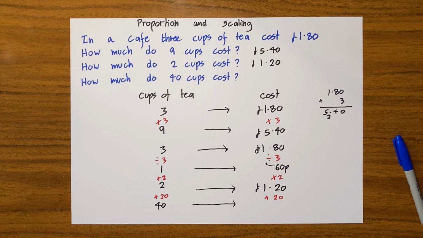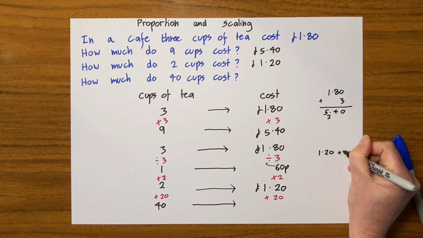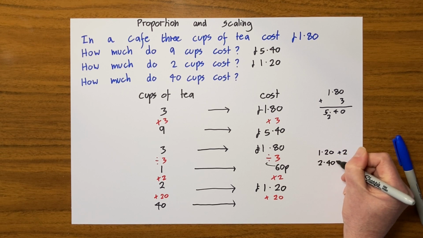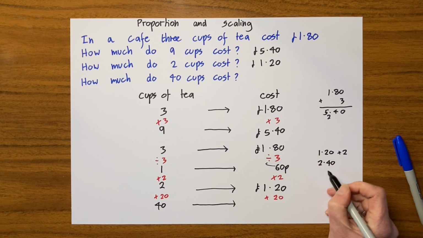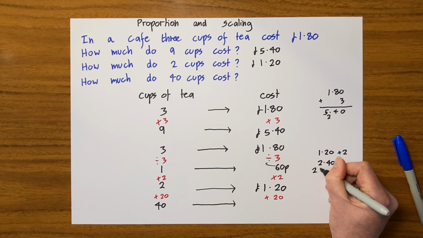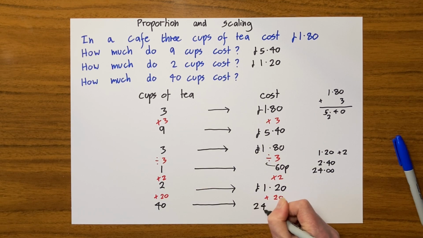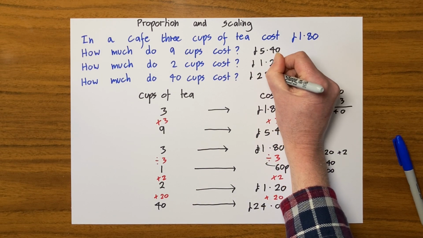Let me just write my working down here. £1.20 times 2 is £2.40. And then 20 is 10 times as big as 2, so I need to make that 10 times larger to give me an answer of £24. So what I've done is I've doubled that, and then I've multiplied it by 10. So 40 cups cost £24.